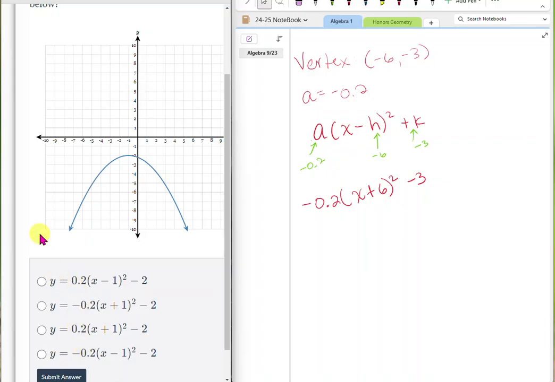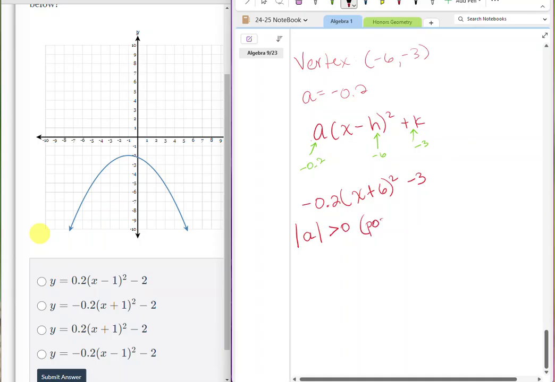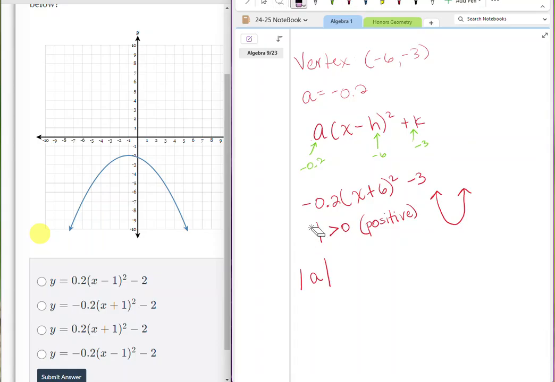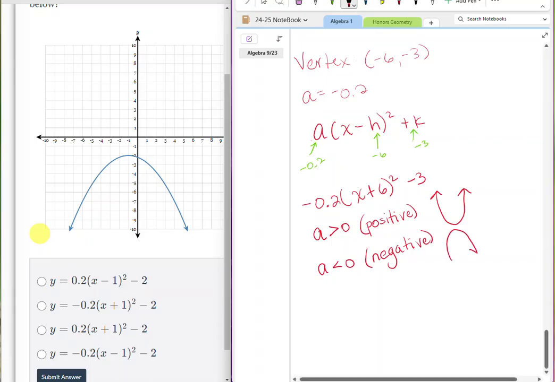So this is where you need to know that if A is greater than 0, that means it's positive, then it's going to open up. And if A is less than 0, then that means the number is negative, and it's going to open down.